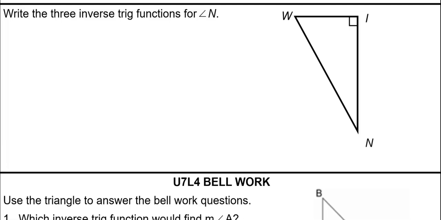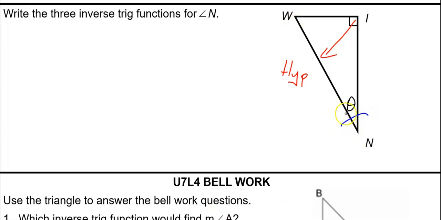Okay, so let's write our three inverse trig functions for angle N. So we start with the hypotenuse, come out from the right angle. Here's my hypotenuse. We're talking angle N. Draw your arc through angle N. N is my theta. N is my unknown angle.